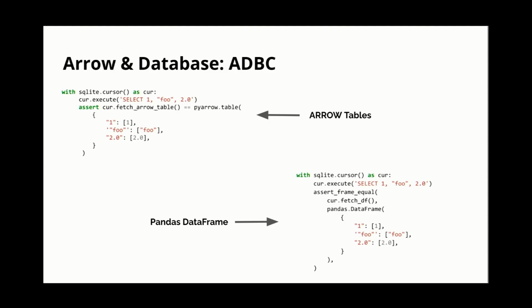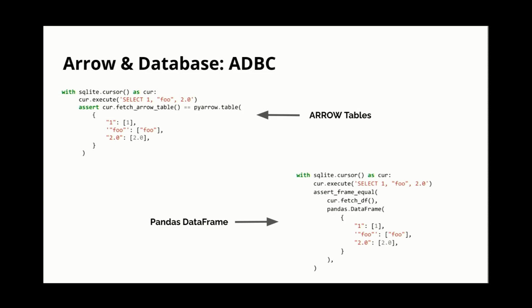And why I put it here, why it's interesting, is because in the first case, I obviously load the data into Arrow, since ADBC is the Arrow driver, so you expect to be able to load the data into the Arrow format. But by virtue of the fact that Pandas supports Arrow natively, in the second case, I'm running a query on top of SQLite and getting back the results of that query into a Pandas data frame.